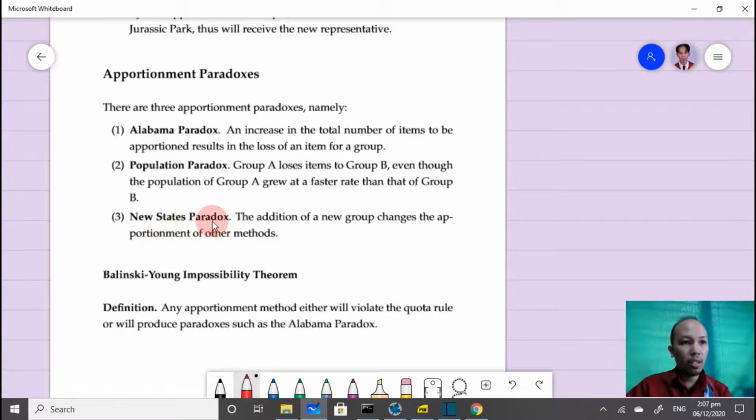The new states paradox is similar. Just look at the keyword here: new states.